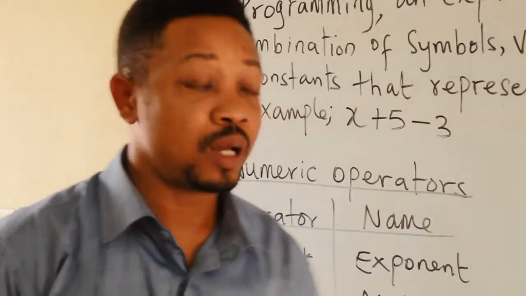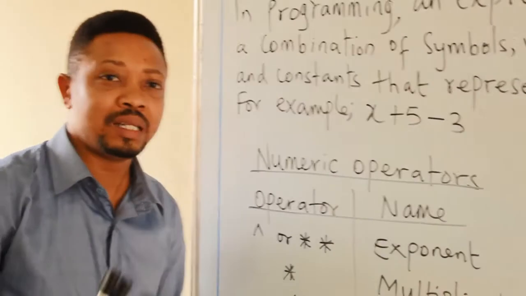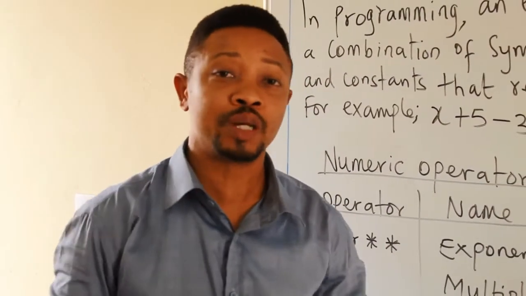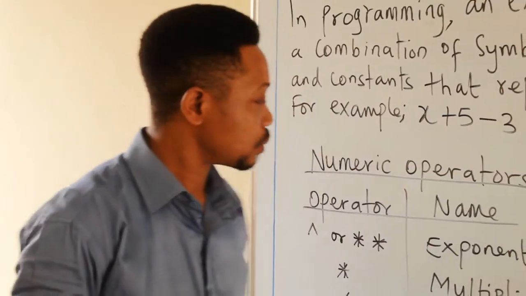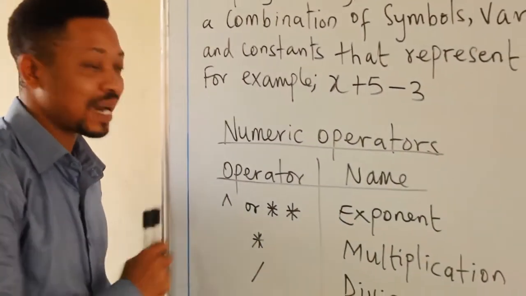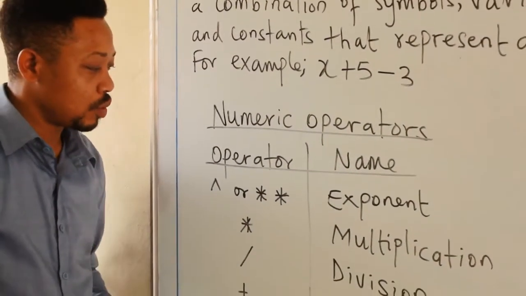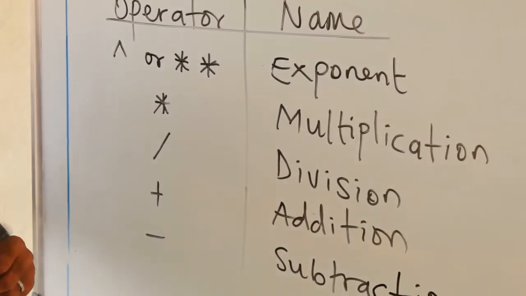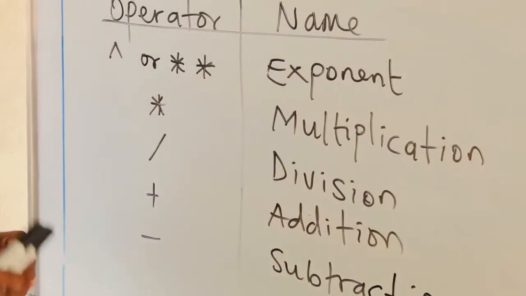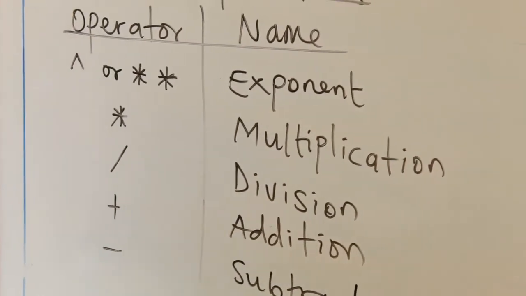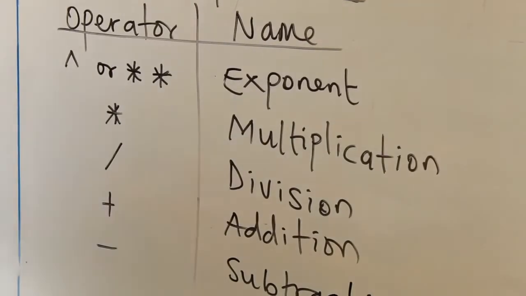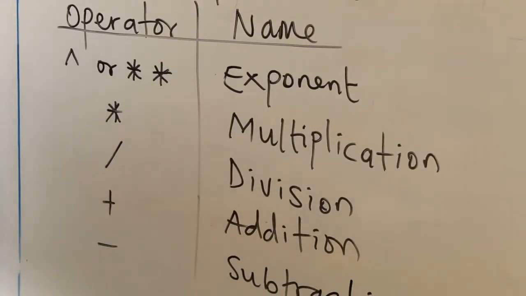Are you following? Now, let's look at the basic operators, the QBasic operators that are used. We have the caret sign, which is also the double asterisk we have on the board, and it represents exponents in basic programming. We have the multiplication sign, which is the asterisk.